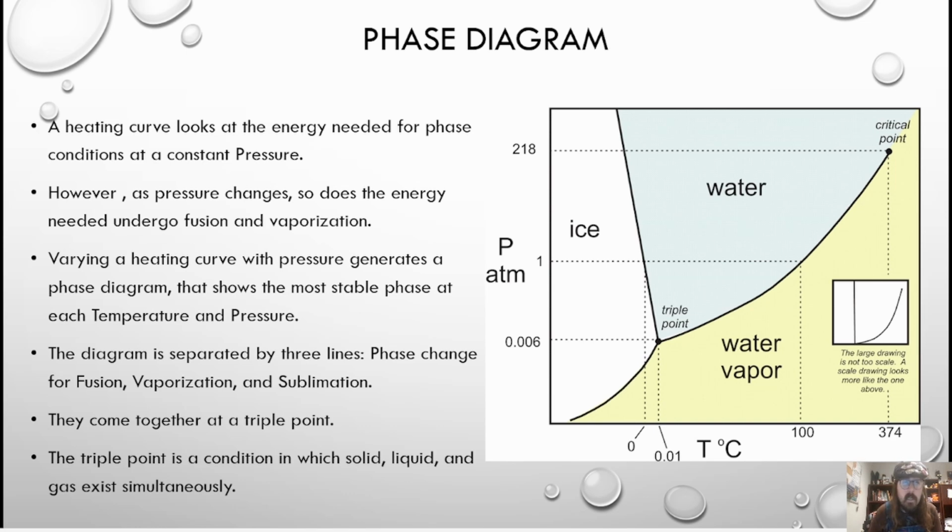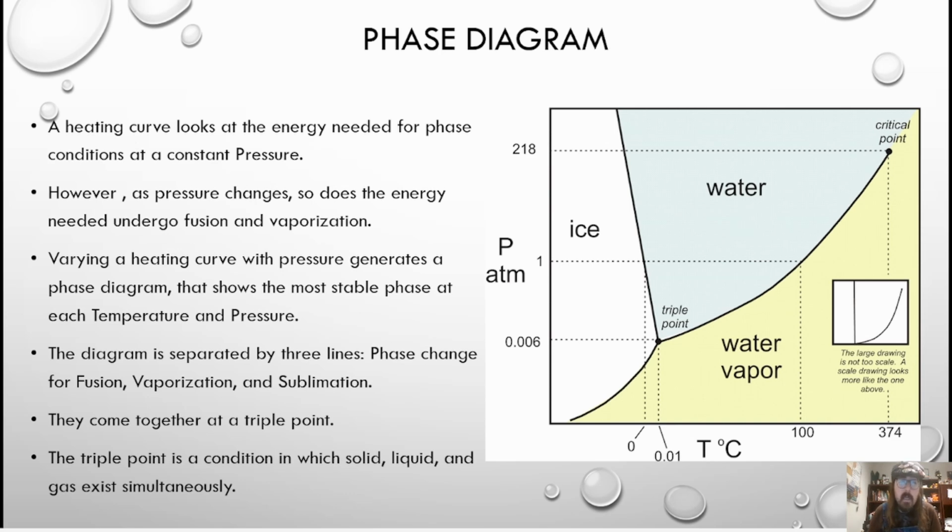So we have that heating curve where we look at, what is our state of matter based on the heat flow and the temperature? Well, we'll learn that if you apply an external pressure, you can cause more of the gas to turn into a liquid, or more of the liquid to turn into a solid by applying different pressures.